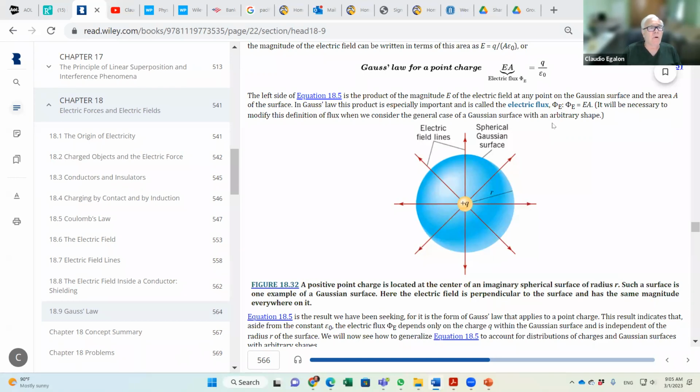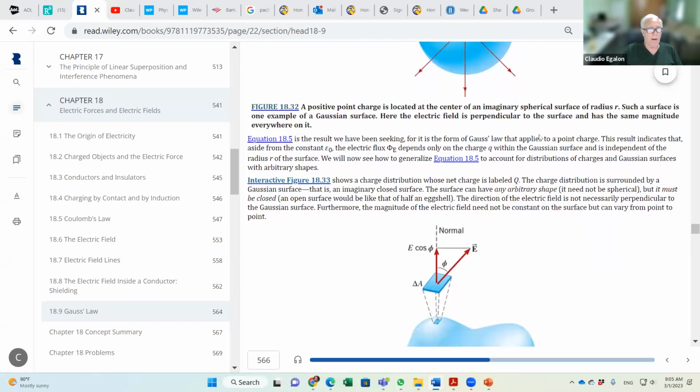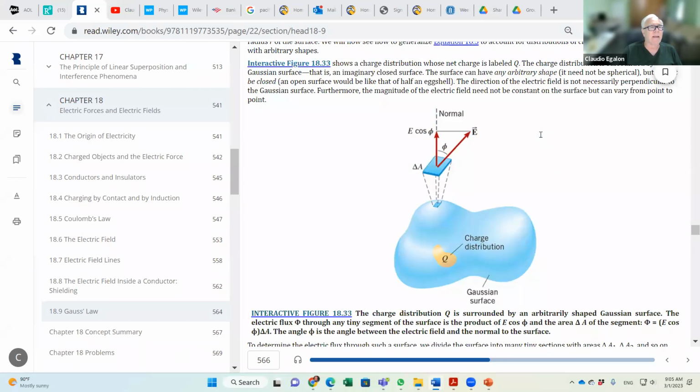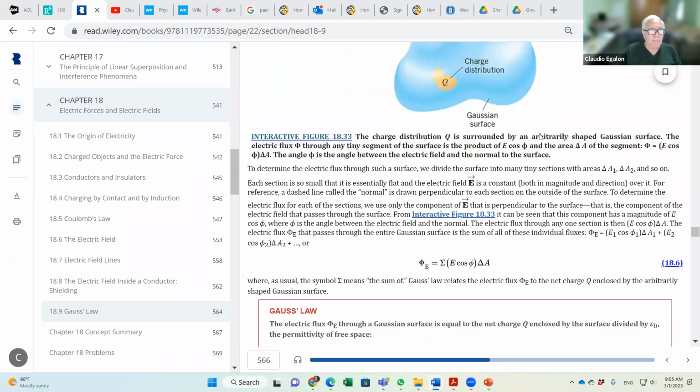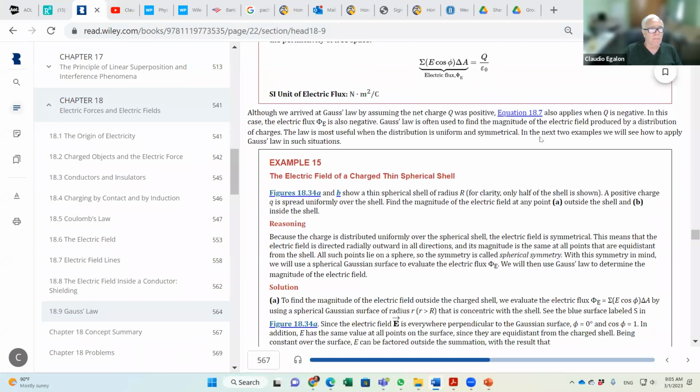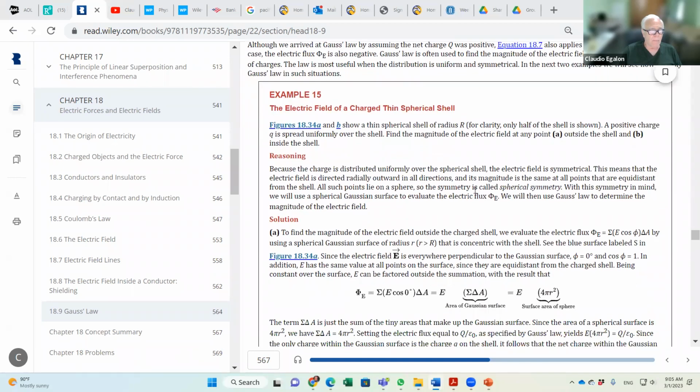What is difficult is calculating the electric field using Gauss's law, and there are only a few problems out there that can be solved that way. And don't forget, Gauss's law is a more generic formulation of Coulomb's law.